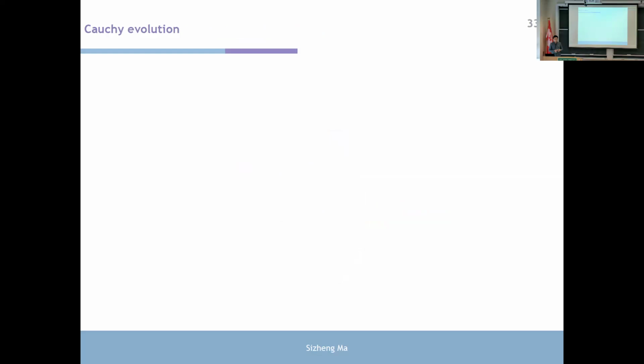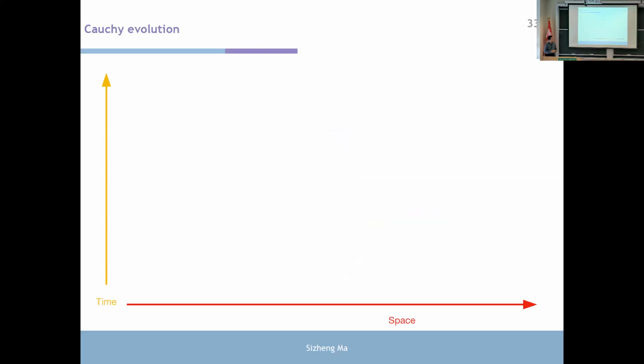As we know, the most common approach in numerical relativity to solve Einstein's field equations is to adopt this Cauchy approach. The basic idea is to split the spacetime into three-dimensional spatial slices and a one-dimensional time direction.